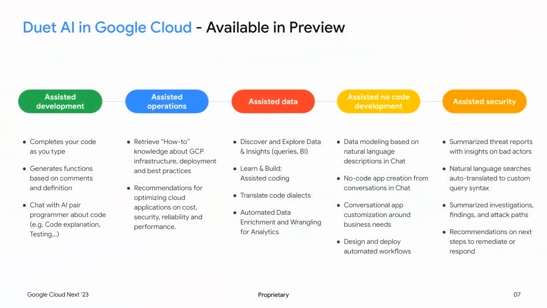Number 3 is assistive data, which is very focused on data engineering. Imagine the person who spends a good chunk of their time reading or writing SQL queries. The idea here is an AI assistant inside the BigQuery editor, which helps you with things such as navigating your data sources, writing SQL queries, and reading and understanding SQL queries.